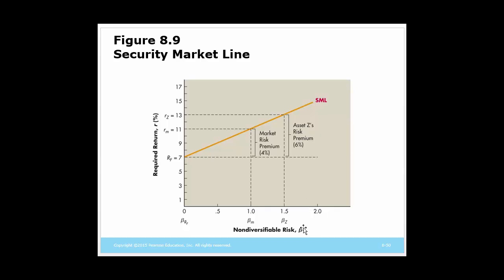What does that come from? Here's the risk-free rate, and this additional piece comes from the asset's risk premium. So how much of that came from the stock market? Here's the stock market's additional piece, and from 11 to 13%, that's the additional risk you get for just investing in this particular asset Z.